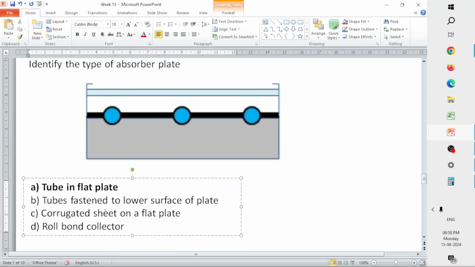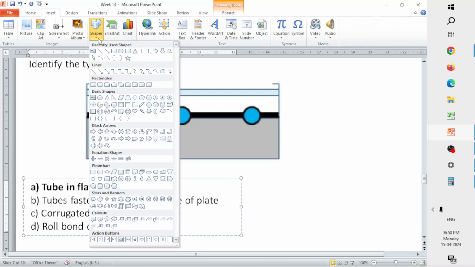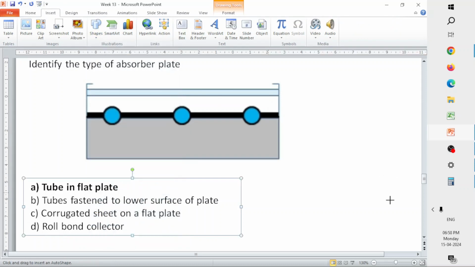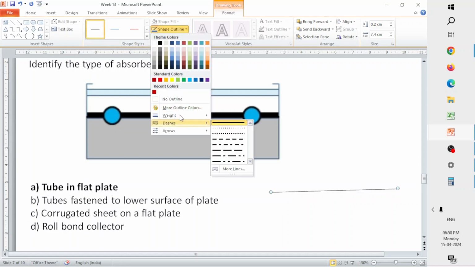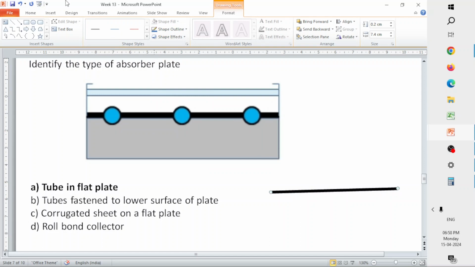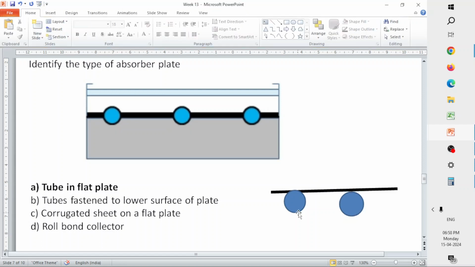If you see option B, it is called a tube fastened to the lower surface of the plate. In that case, it will be somewhat like this. You assume this as a flat plate, and the tubes are present beneath it, at the bottom of it.